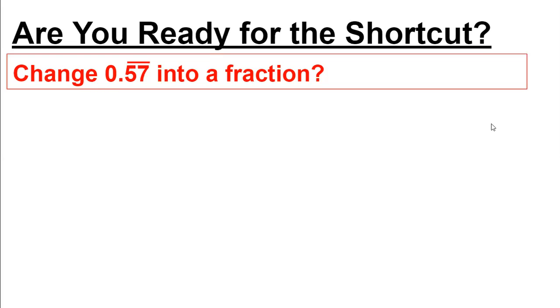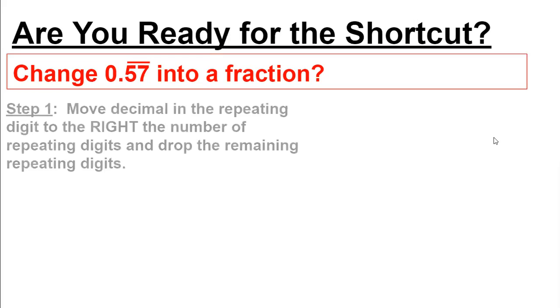On the right side, we're going to subtract 0.5757. We're going to end up getting 99x equals 57, right? And then we're going to divide both sides by 99. And we're going to get 57/99. I know I just said that quickly, but you can go back and watch the first two to see how it's done.